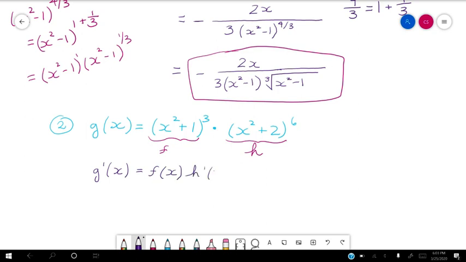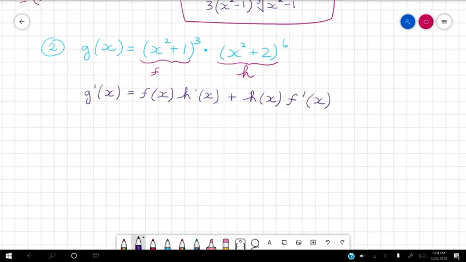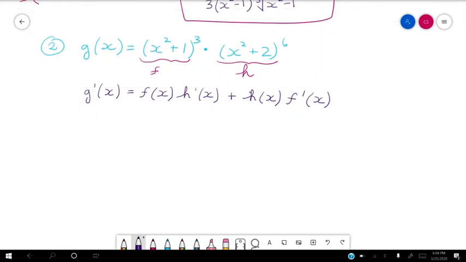All right, so something like this. Okay, so f of x times h prime of x plus h times the derivative of f. All right, so here we go.